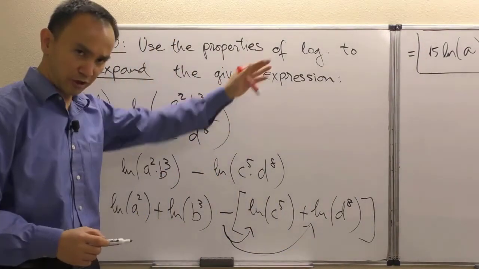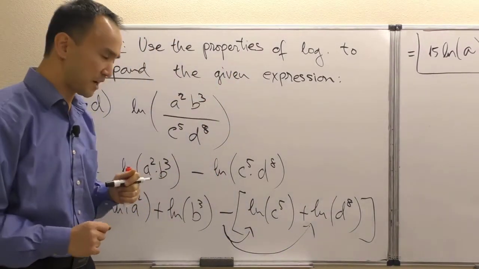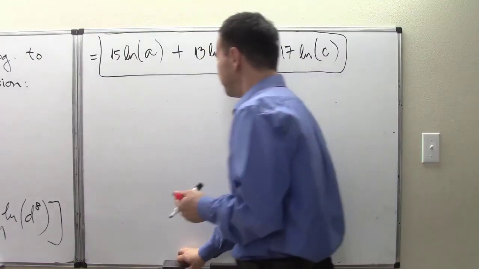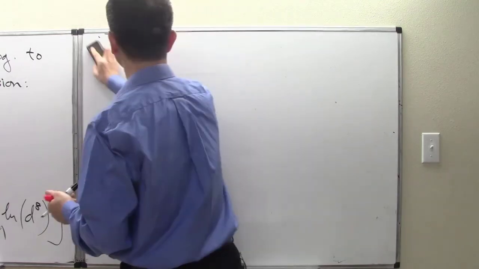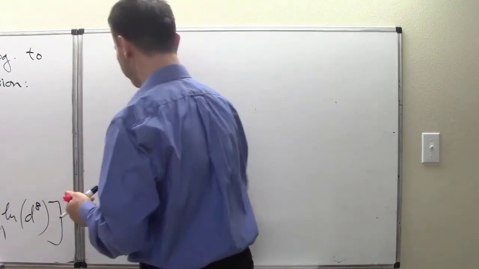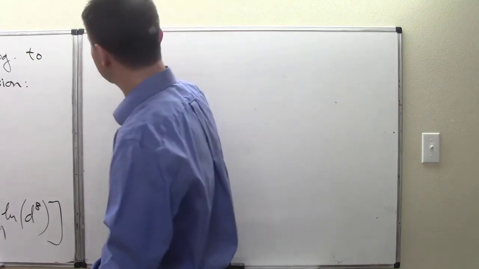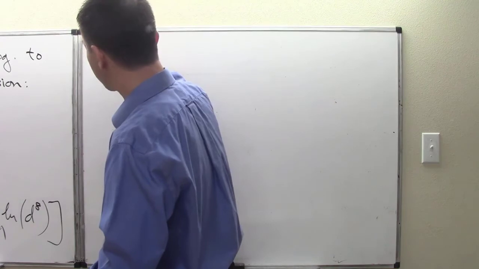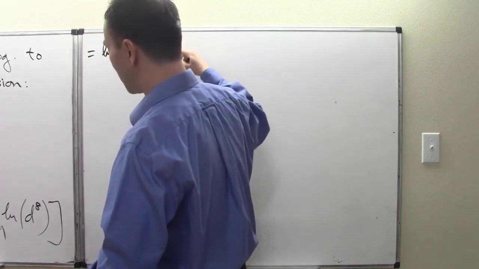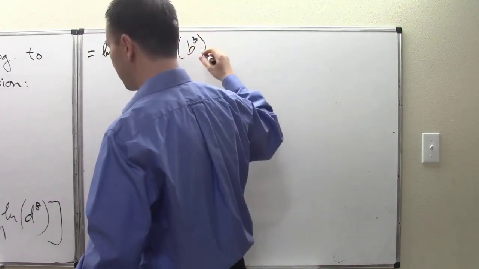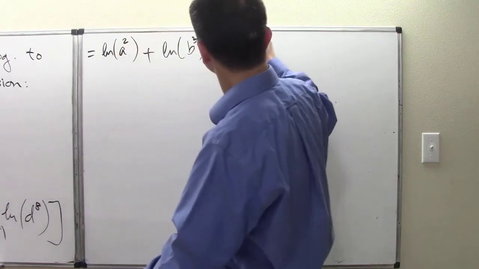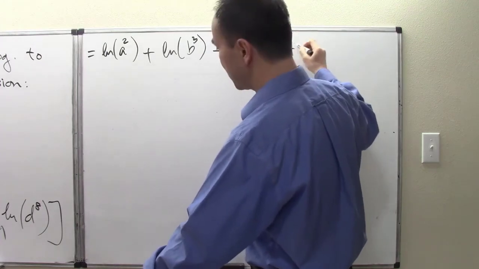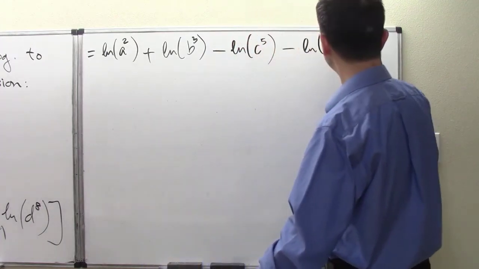Okay. So it looks like I'm going to also need the space on my other board. All right. And so now, in my next step, things become: first term is natural log of a squared, next term is natural log of b cubed, and then I'm going to have a minus natural log of c to the 5th minus natural log of d to the 8th.